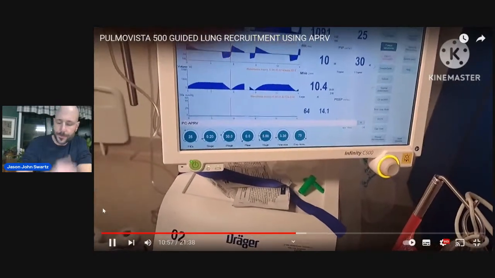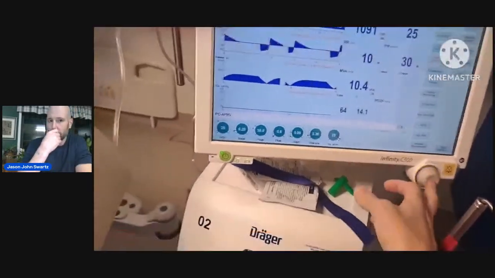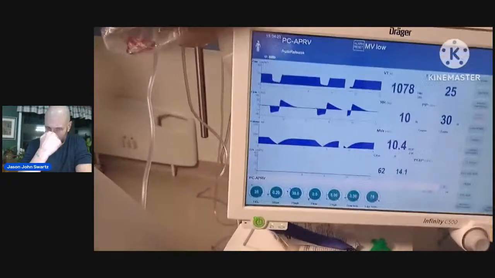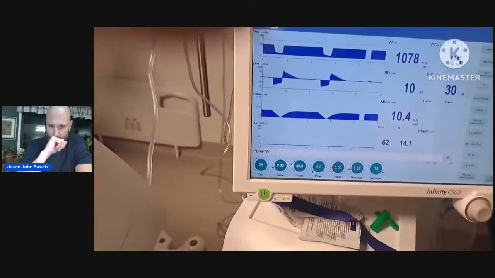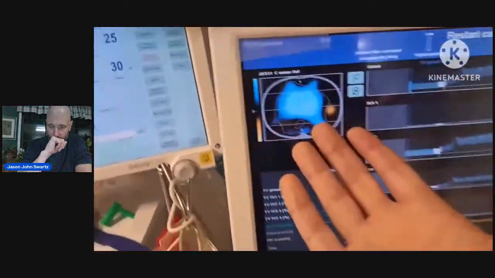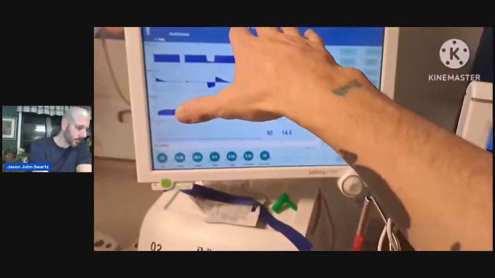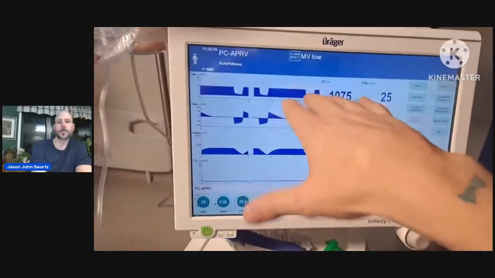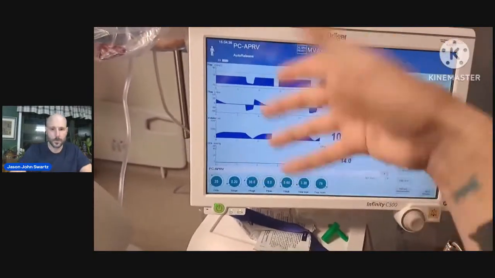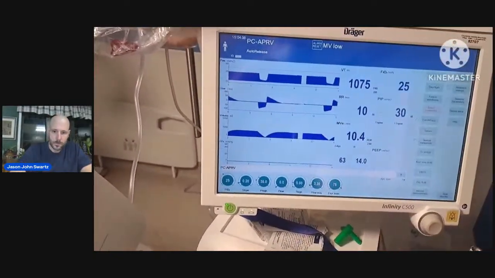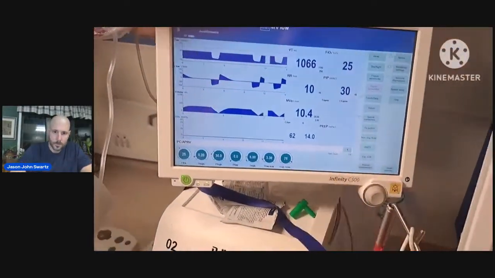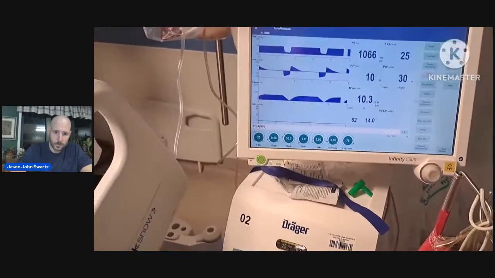What we're probably seeing is that with APRV, you're using pressure over time. You're getting a lot more recruitment, which is evident when you start using the PulmoVista a lot, and these are just the volumes of a completely open lung being released passively to the ambient air for a very brief period of time.